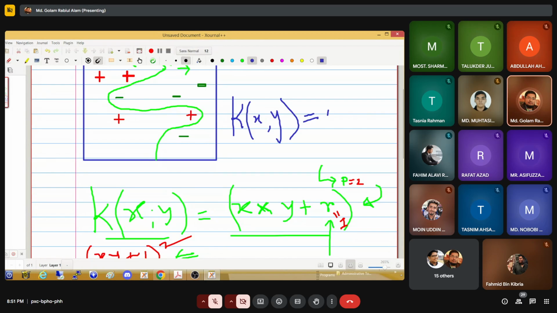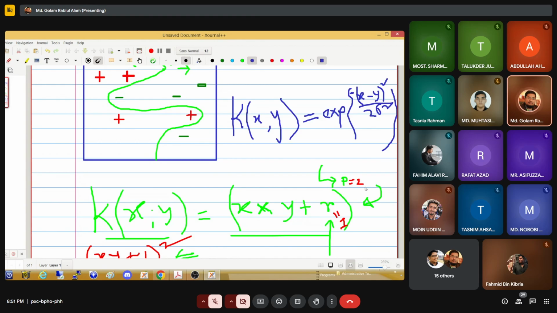For the radial basis kernel, K(x, y) is e to the power, exp negative, x minus y whole square by 2 sigma square.